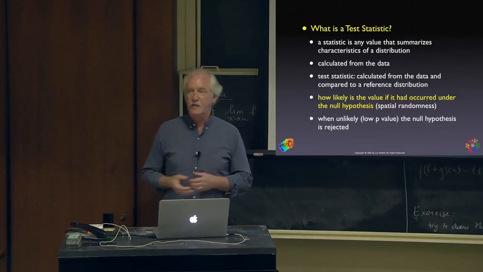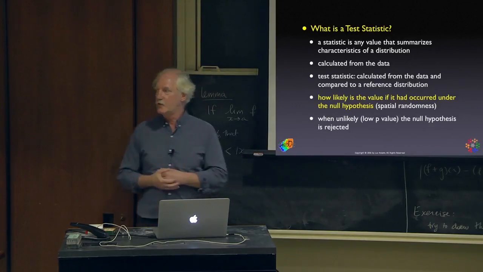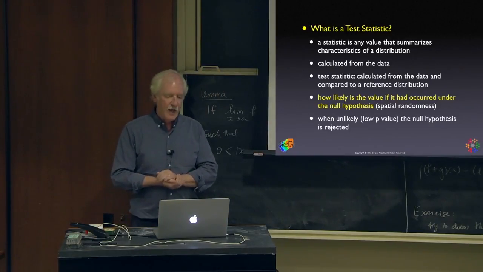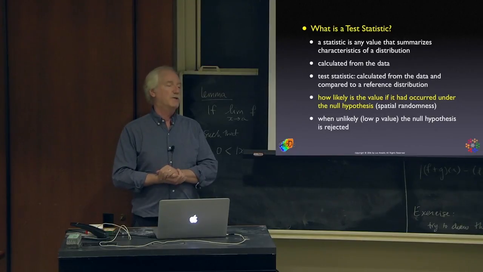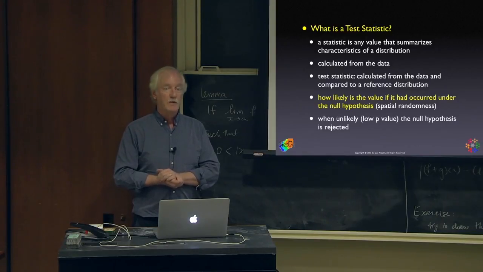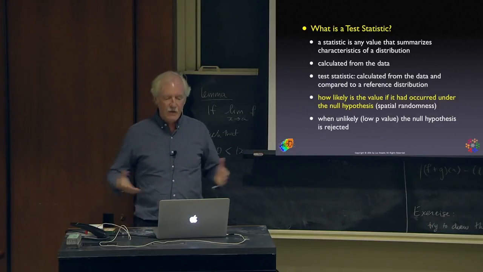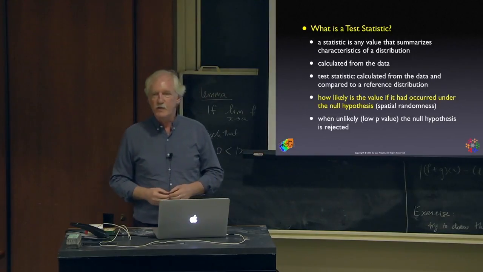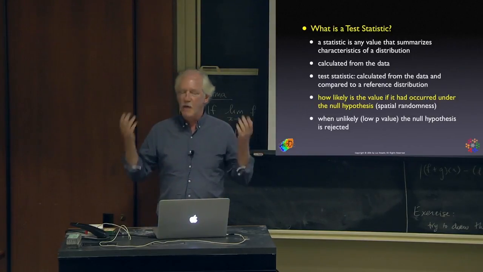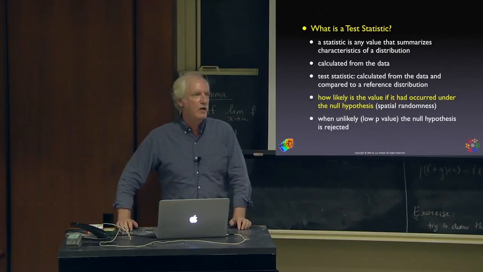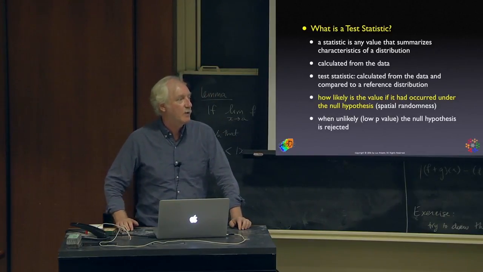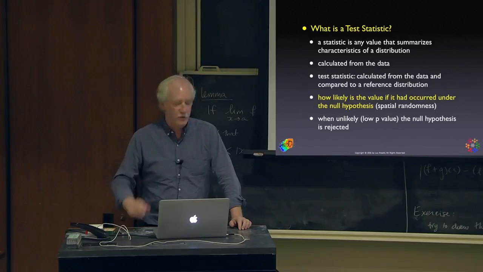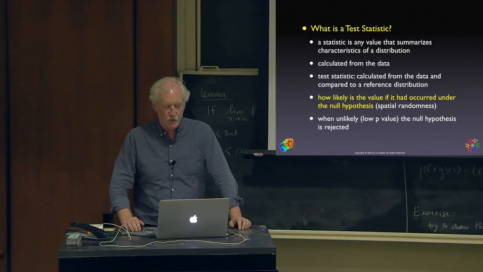And a test statistic is one of these things that you calculate from the data, but it actually helps you assess whether or not the null hypothesis is correct, and whether you can reject a null hypothesis. So let's say, if we're interested in spatial autocorrelation, the maximum value of a distribution is not going to help us very much, right? That is a statistic, but it's not a good statistic to measure spatial autocorrelation.